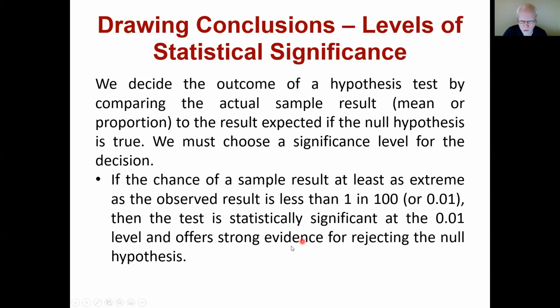And so that's really strong evidence for rejecting the null hypothesis, right? Because that's only 1 in 100 times, so 99 out of 100 times you would, if you took a sample of 100 children, and the true population proportion is 0.50, only one of them would be at 64% girls.